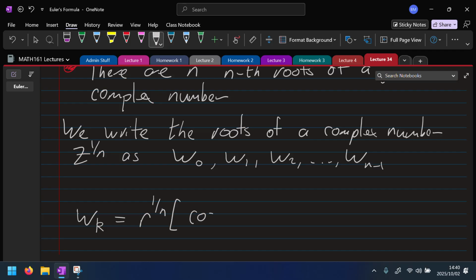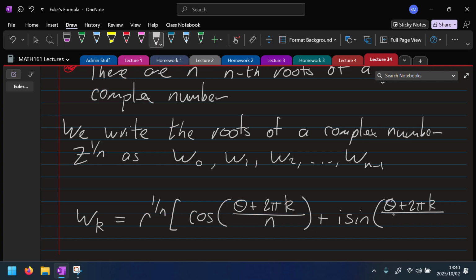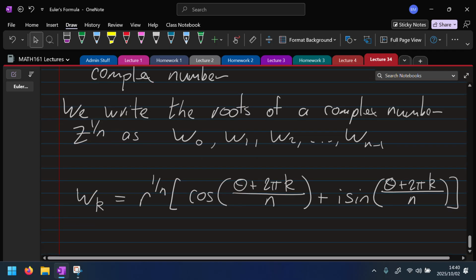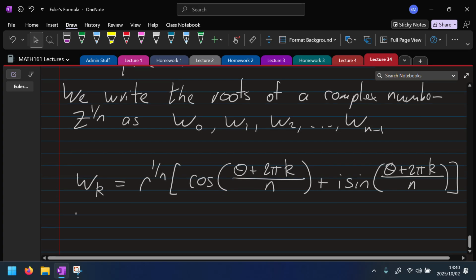Okay, then we're going to have cos of theta plus 2 pi k over n. Again, we're not timesing by n, we're dividing by n, because it's roots, not powers. Plus i sine theta plus 2 pi k over n. And this k will then go from 0 to n minus 1, like we have above.